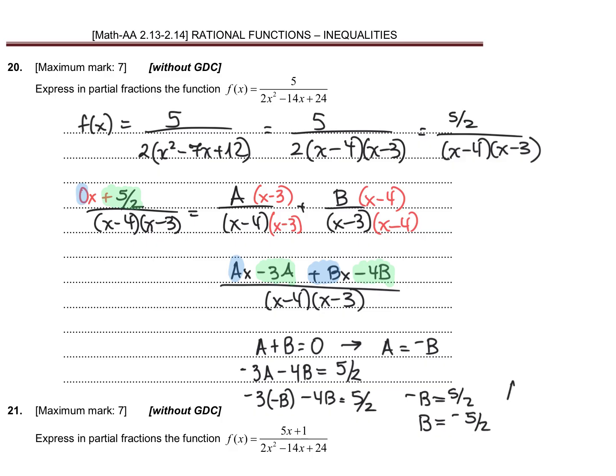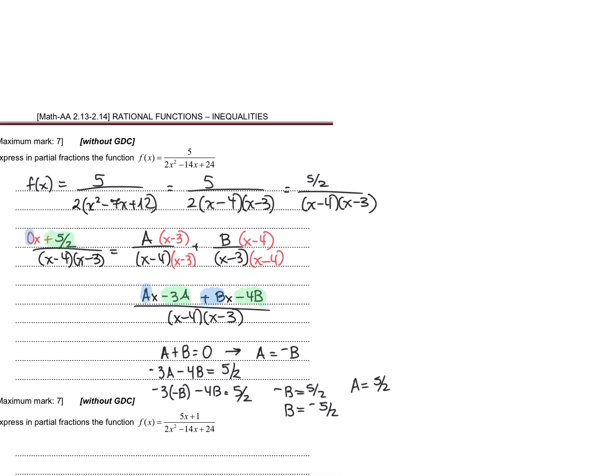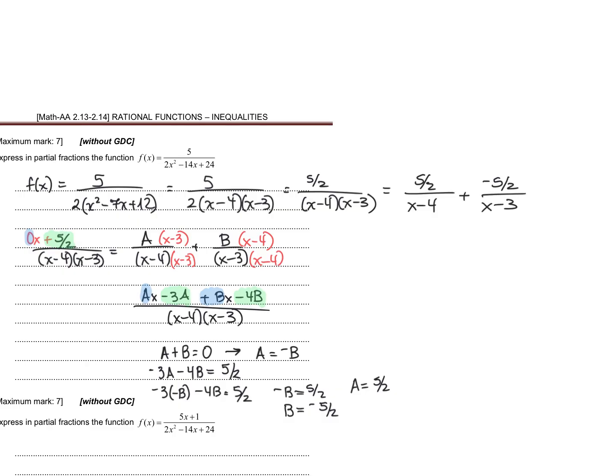And then a is negative b, so negative 5 over 2 is positive 5 over 2. So this is going to be equal to 5 over 2 over x minus 4 plus a negative 5 over 2 over x minus 3.